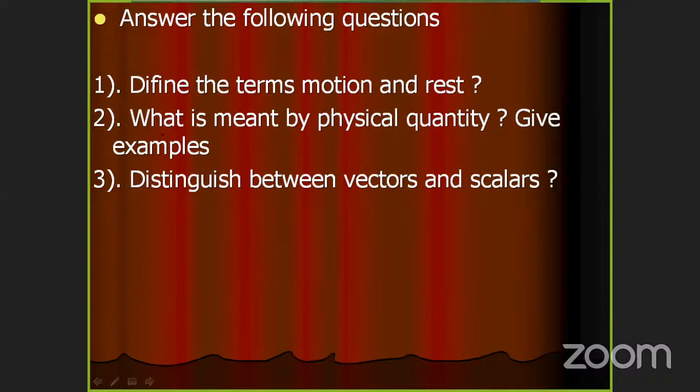Next, second question: what is meant by physical quantity? And give examples. Third question: distinguish between vectors and scalars. Write the difference between vectors and scalars.